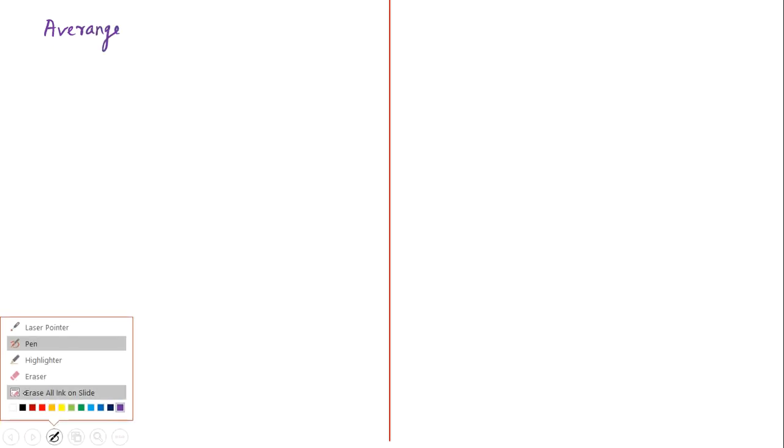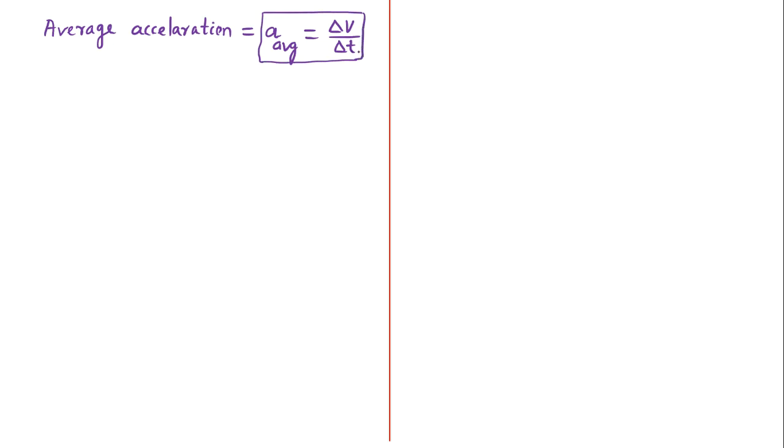And if I want to find the average acceleration, it is called A average, which equals the change in velocity with respect to the change in time. That is known as average acceleration. Clear?